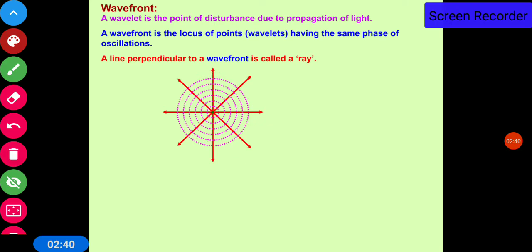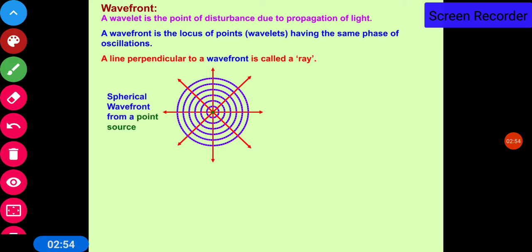So this circle is a wavefront, and a line perpendicular to the wavefront is called a ray. The red line is a ray and the purple circles are the wavefronts. If a point source is there, then spherical wavefronts are produced, because from a point source the light travels in all directions and the locus of all the points having the same phase is of spherical shape. So a spherical wavefront is produced with the help of a point source.